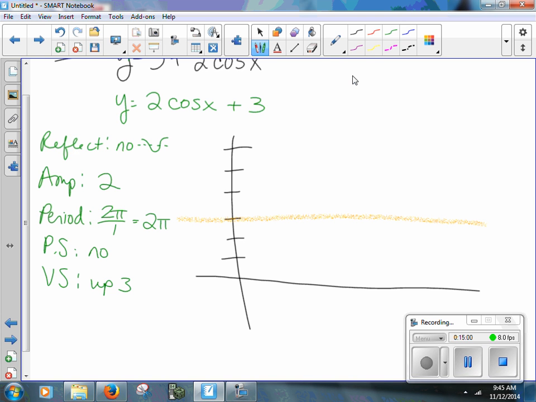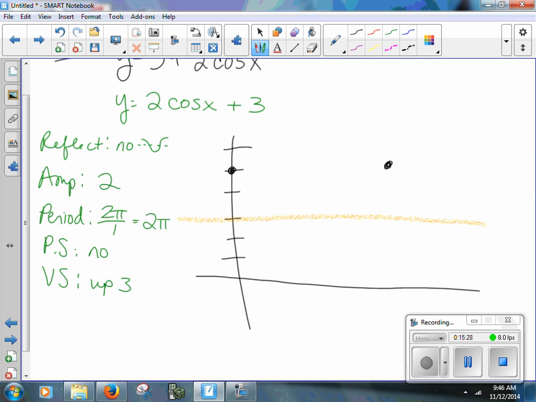Now, where does the cosine curve start? At 5. What? Why does it start at 5? You have to go up from the oscillation line. Very good. And it's an up cup. So that means it's going to start at 5 and end at 5, won't it, Morgan?